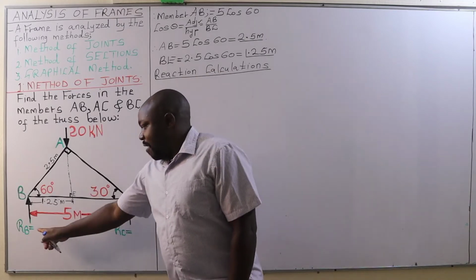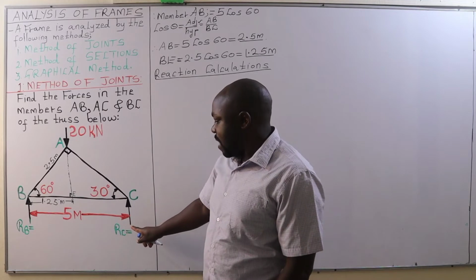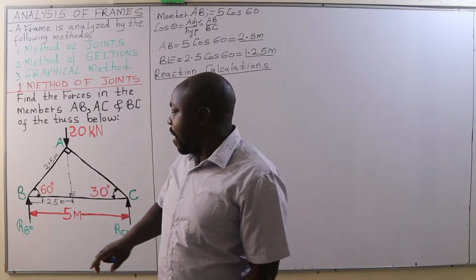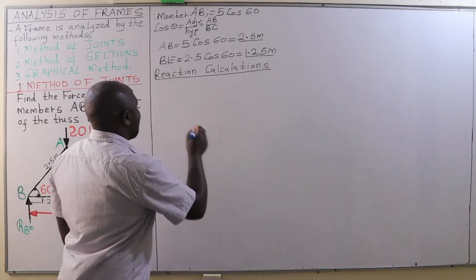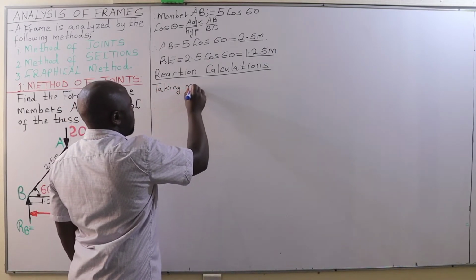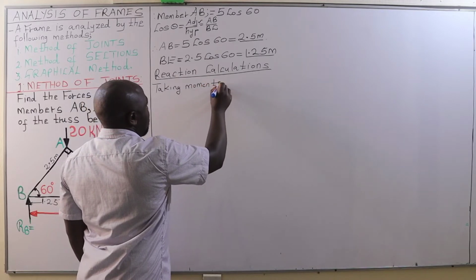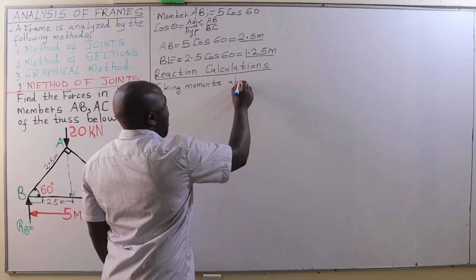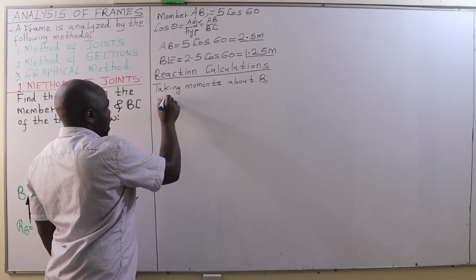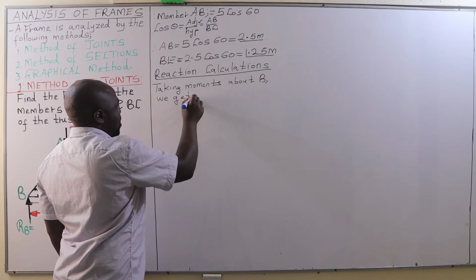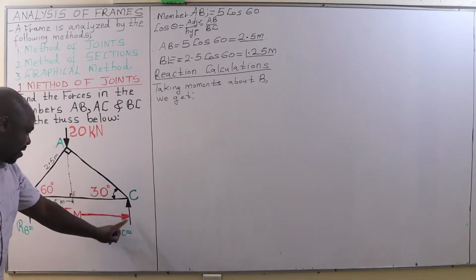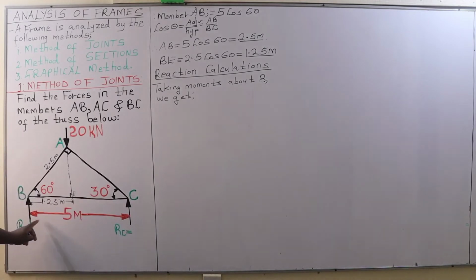Now, for us to get the reactions at B as well as at C, we are going to take moments about B. And therefore, taking moments about B, we get RC times 5, the distance from C to B, that is 5.